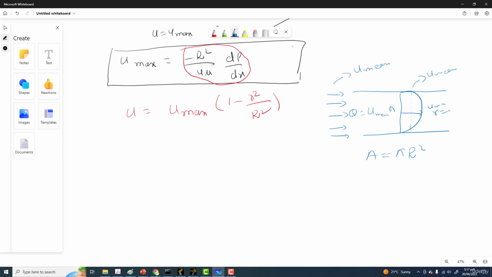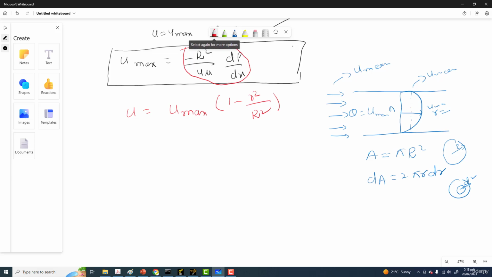But if you take the area for a small element, this dA would be equal to 2 pi r dr. This is very clear. So for the complete area, this will be pi r square, and for a small element, this will be r and dr, so 2 pi r into dr. Just look at the lecture I explained earlier in this same section. So this is what we have right now.